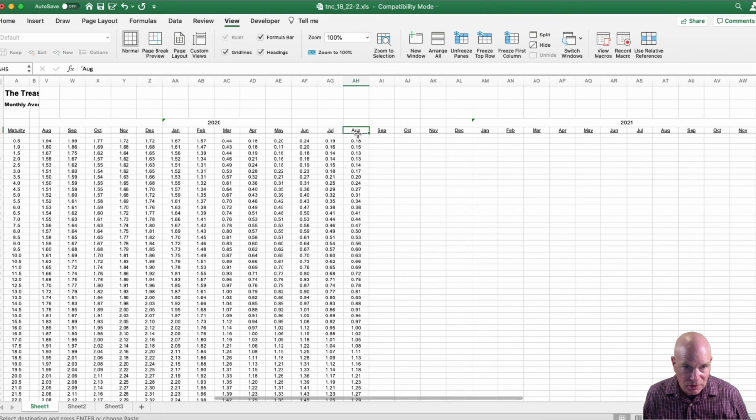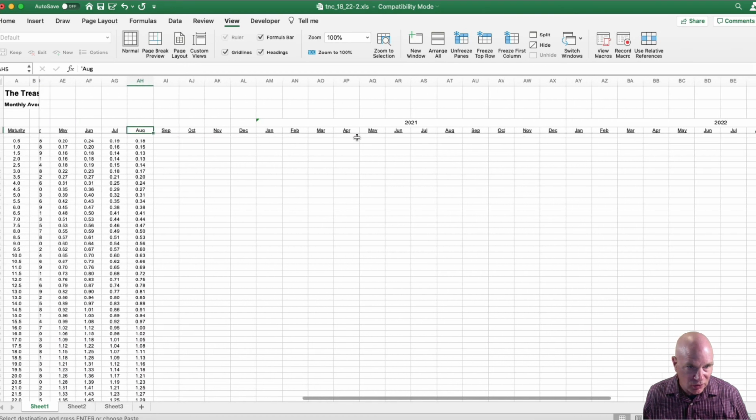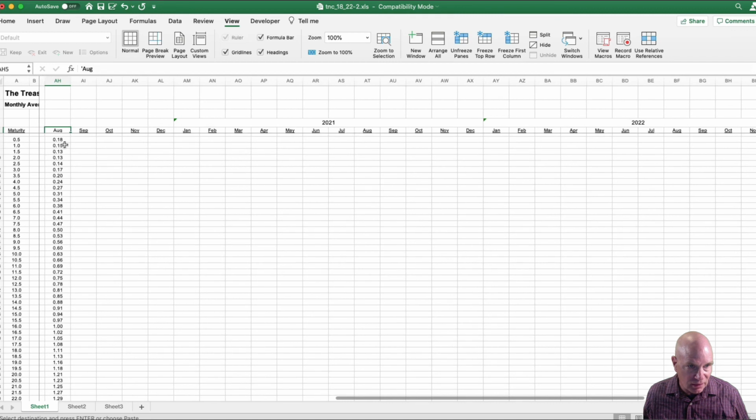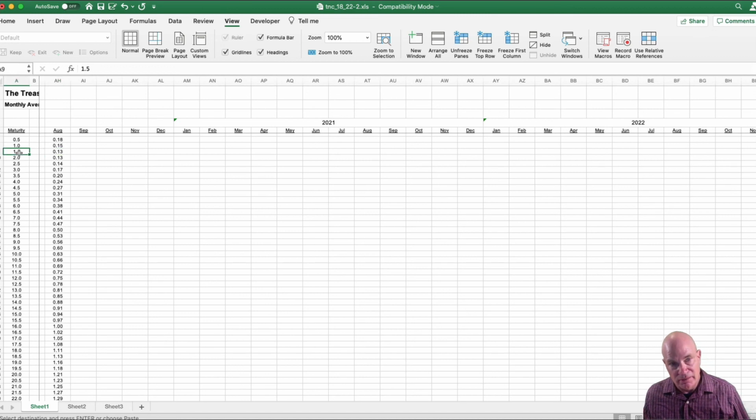Here's our last one, August 2020. If we look at that, this is now our spot curve. Treasury gives us our spot curve. 0.18 for 6 months, 0.15 for 1 year, 0.13 for 1.5 years. Part of the assignment, you will implement the spot rate formula given the most recent spot curve we have from U.S. Treasuries.